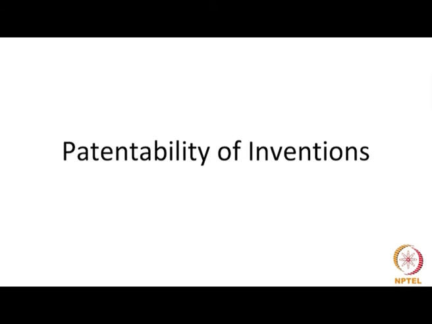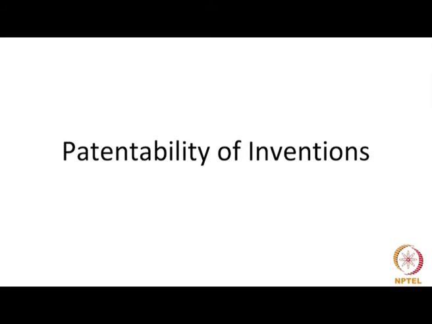Now, this is understood. If you read the Act, nowhere does the Act say what a patentable invention is. Rather, when the Act refers to an invention, it is understood that the Act's concern is with regard to patentable inventions.